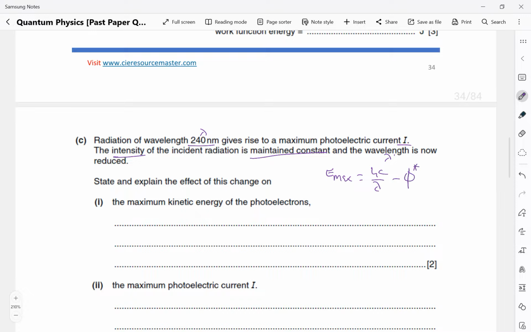Of course, phi, h and c are constants. So lambda is reduced. That means maximum kinetic energy is going to be bigger, because if lambda is made smaller, this quantity here becomes bigger.